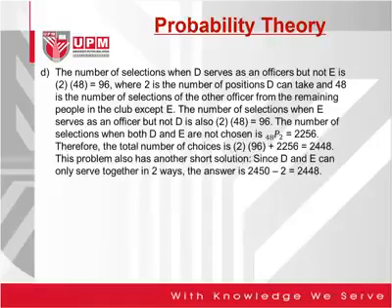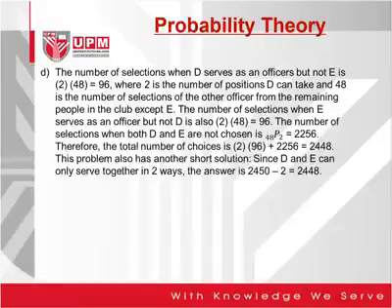But we also have another case, E will serve but D will not serve. Then the answer is the same, also equal to 96. So when you see this, we have 2 multiplied with 96, because there are 2 different scenarios. One is D, the other one is E. But we also have the number of selections when both D and E are not chosen.